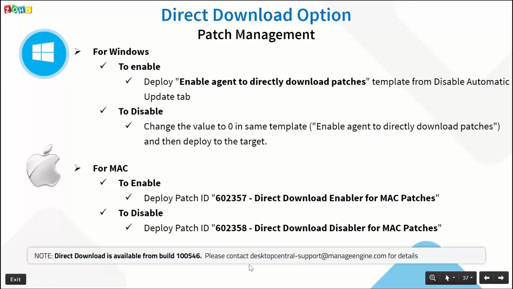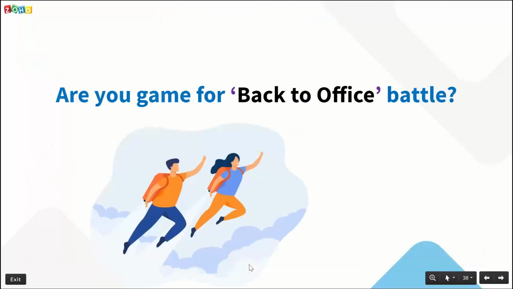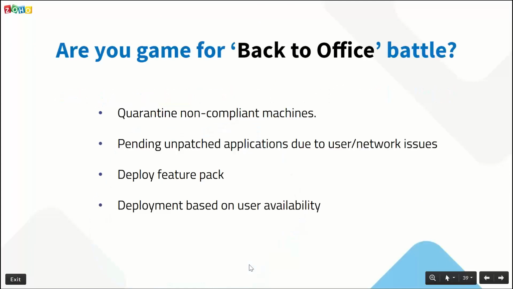Now we've seen how to patch the endpoints remotely. Next step is to go ahead and create a checklist for our back to office transition. Here are 4 things that you need to check for your back to office machines.